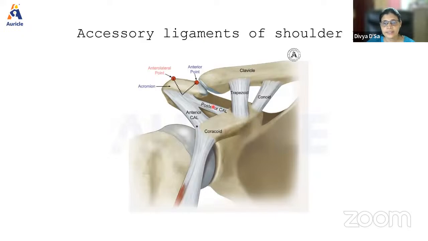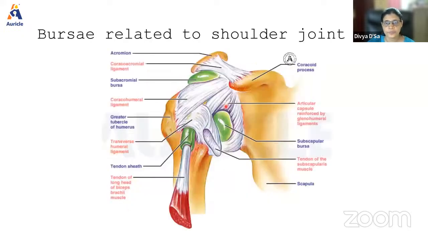And other accessory ligaments include the coracoacromial ligament, which has a posterior and an anterior band. The coracoclavicular ligament also forms an accessory ligament. All these ligaments form the accessory ligaments of the shoulder joint.